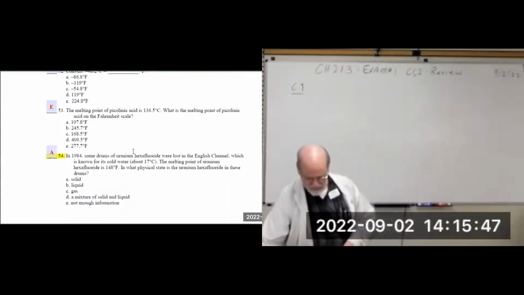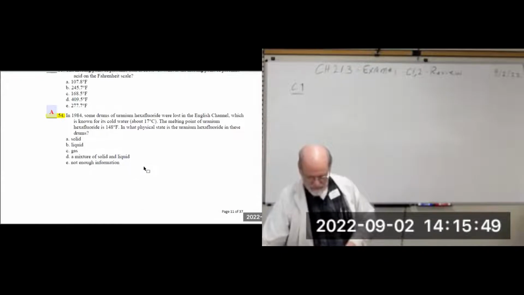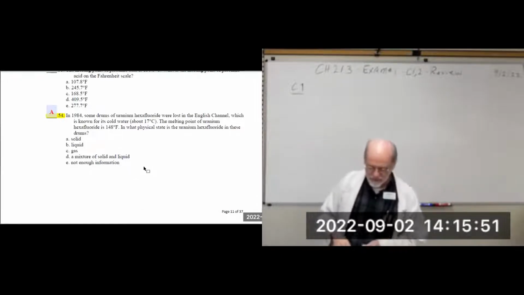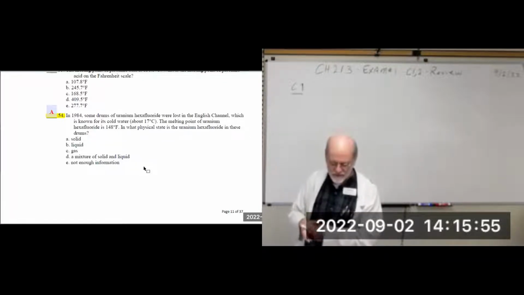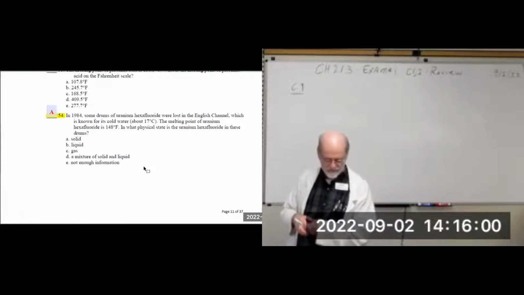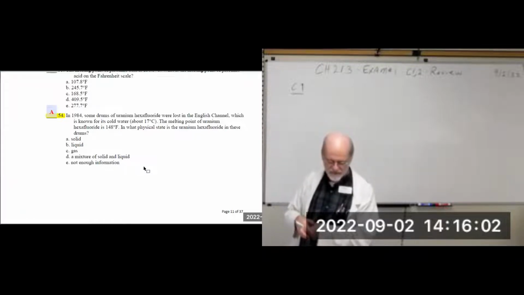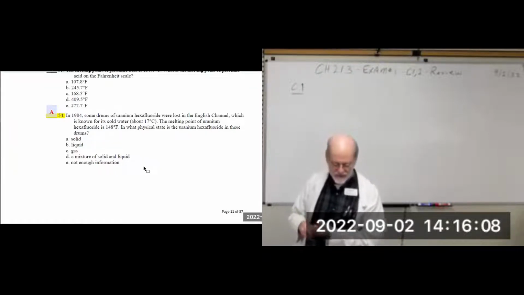All righty. 1984. Who cares? Some drums of uranium hexafluoride were lost in the English Channel, which is known for its cold water, 17 degrees Celsius. The melting point of uranium hexafluoride is 148 degrees Fahrenheit. In what physical state is the uranium hexafluoride in these drums?